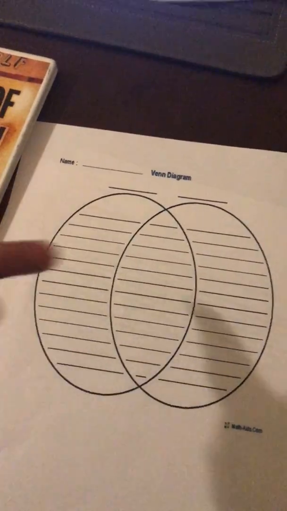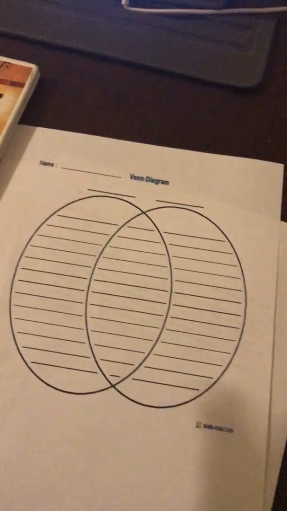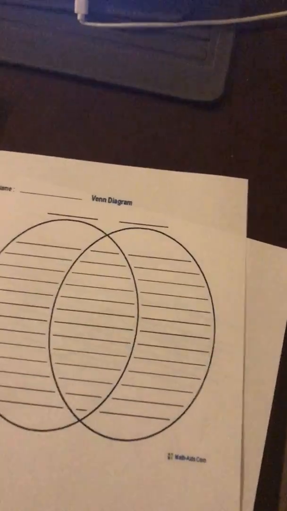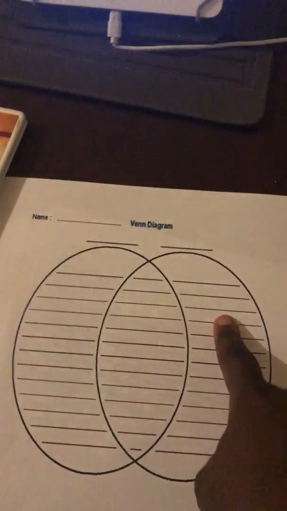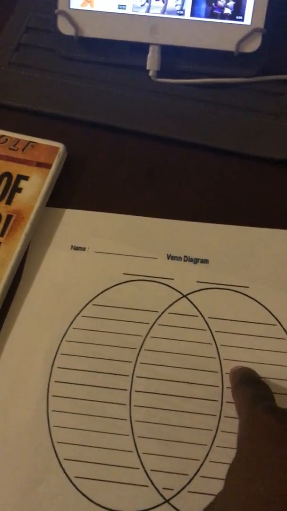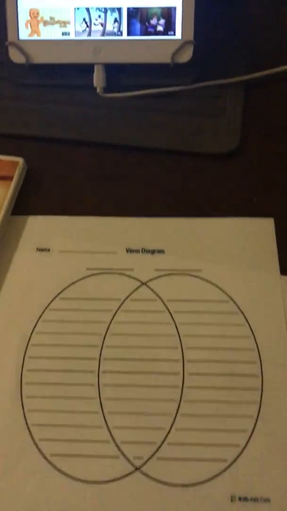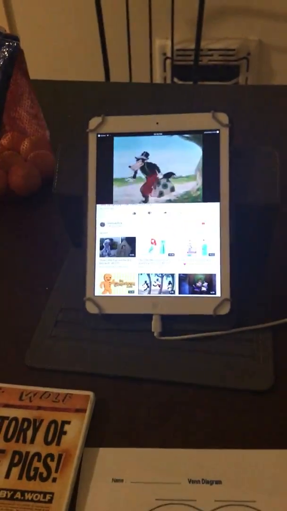Right here we'll say the pig said he huffed and puffed and blew the house down, and in the true story the wolf said, I had a sneeze, I just had a bad cold. So pretty much that's what he's going to do. I thought I had a pen. Where's the pen?